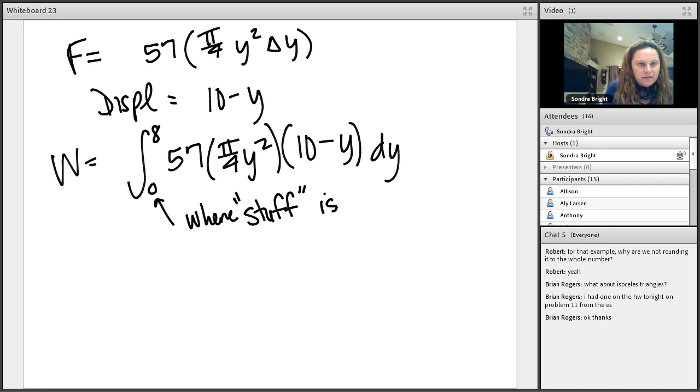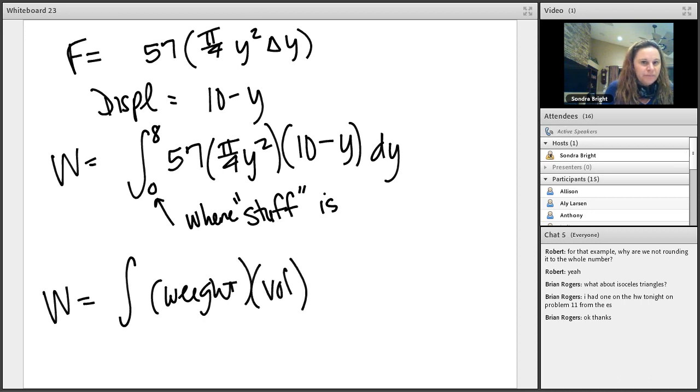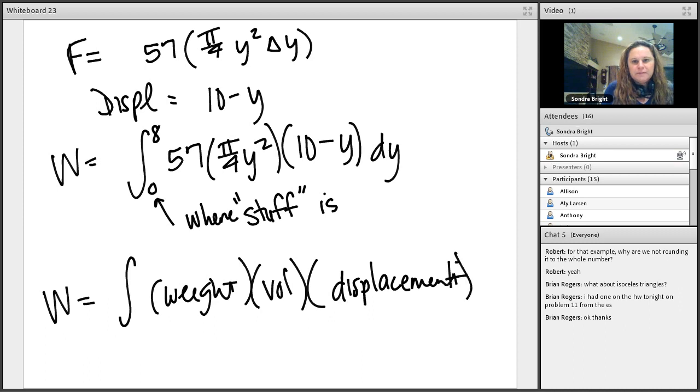So the work is going to be the weight, I'll write it out, the weight times the volume times the displacement. And then times dh, really, I should have been using h's. I said r was in terms of h. Whatever, dh would have made more sense.